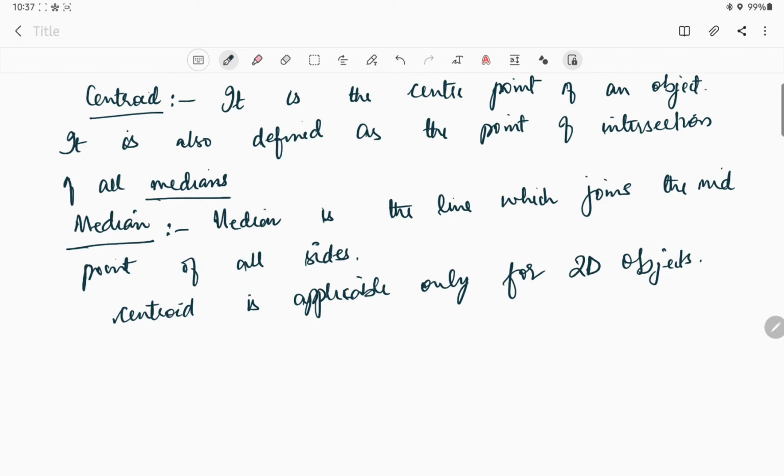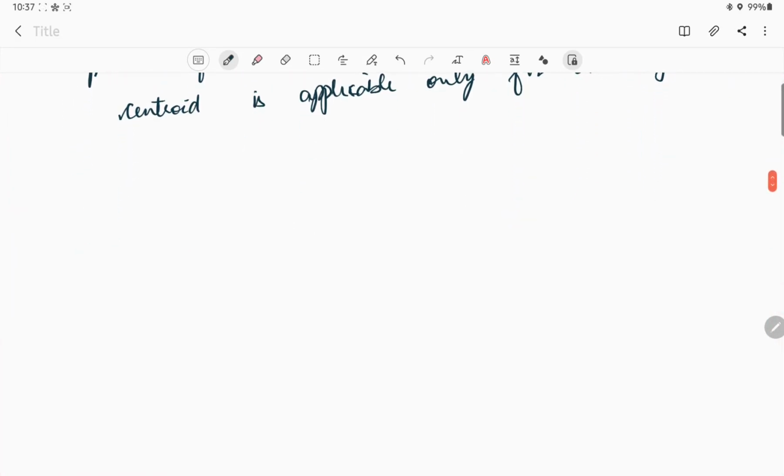We'll take down the definition of center of gravity. What is center of gravity?